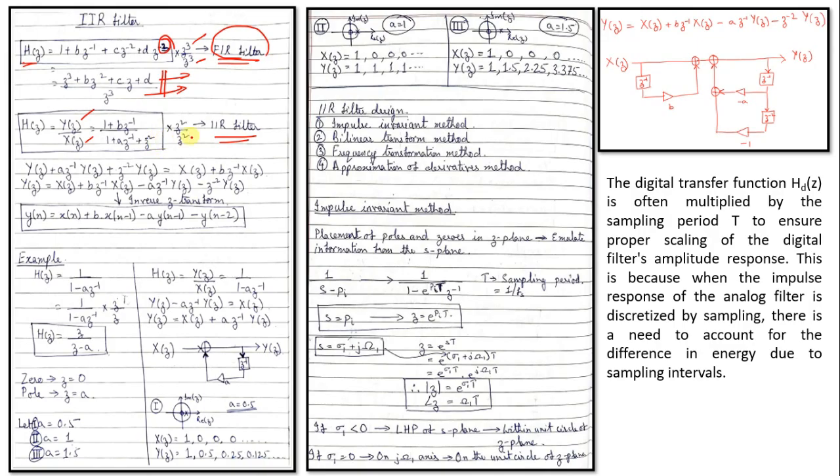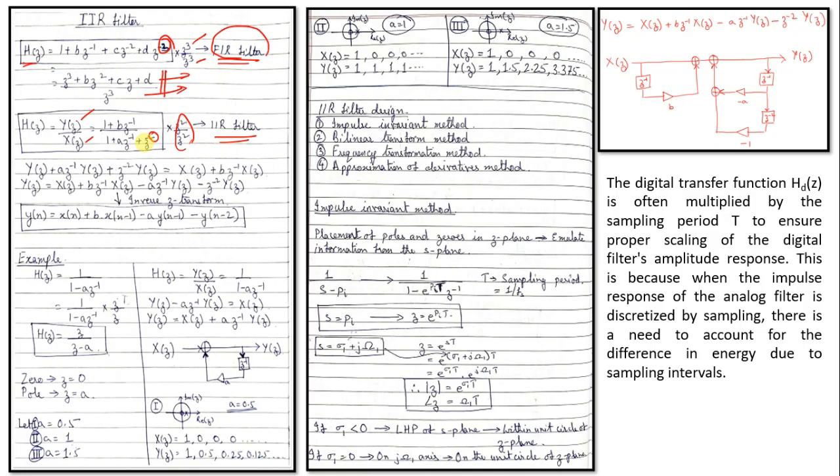If we want to find the locations of the poles and the zeros, we need to multiply and divide with z square, which is the highest power of z to the power minus 1 in the denominator. When we do that, we get two polynomials, and after getting those we can find out the placement of the poles and the zeros.